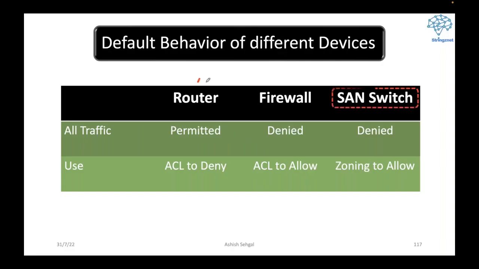As we know, routers allow all the traffic by default. We create ACLs to deny the traffic. The opposite happens in case of a firewall. By default, all the traffic is denied. We create ACLs to allow the traffic. The same is there in storage area networking, which means by default, the SAN switches do not allow the communication. We have to allow the traffic, called zoning.